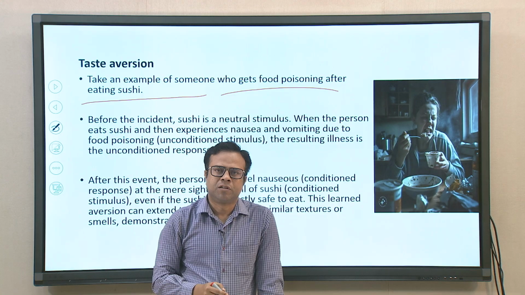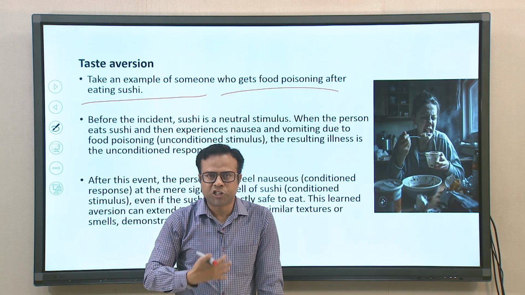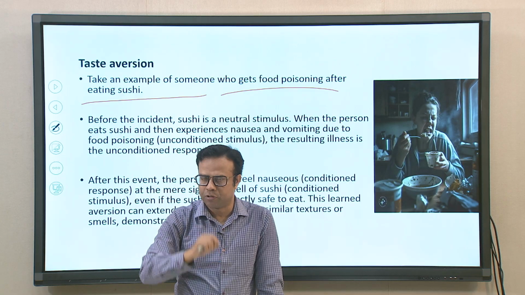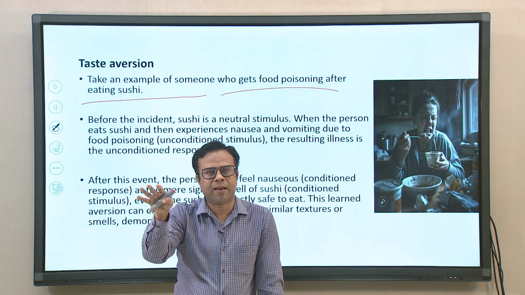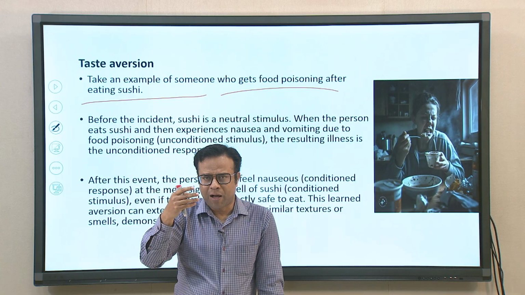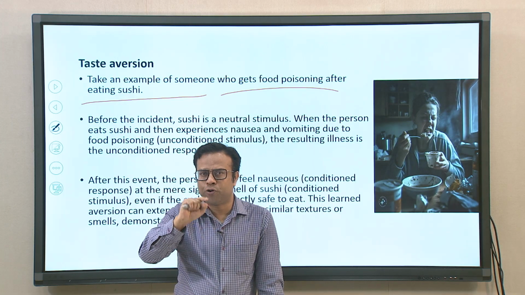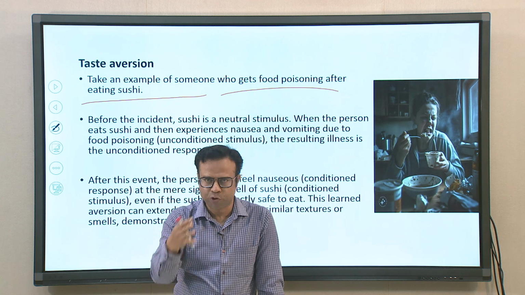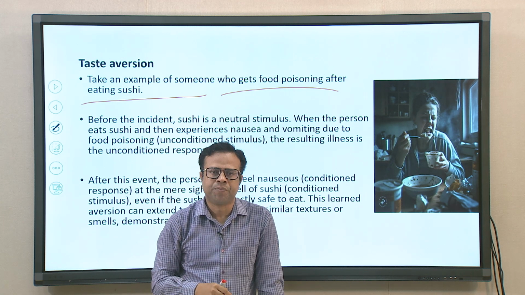The person developed nausea and vomiting because of the poisoning after eating that food. Now, that food was normal and the person used to like and eat it generally, but on that particular day that food got associated with the vomiting tendency and nausea because of poisoning.